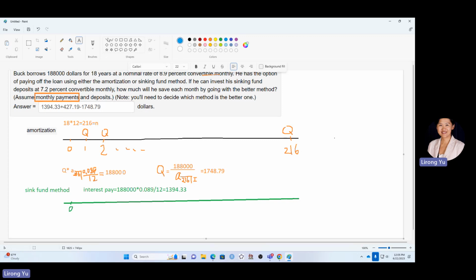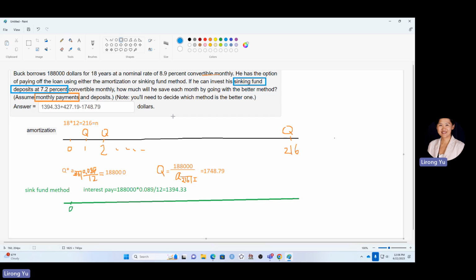So over here, it's mentioned that we're depositing money into a sinking fund to save up the money to pay for the principal. And the account we're using actually has a lower interest rate, which is no good.